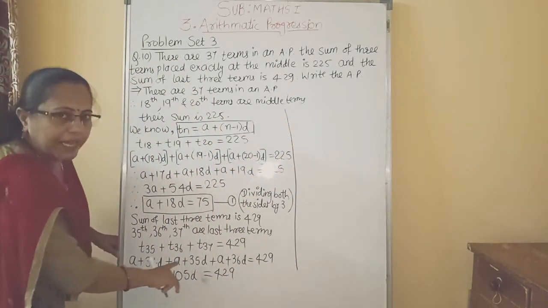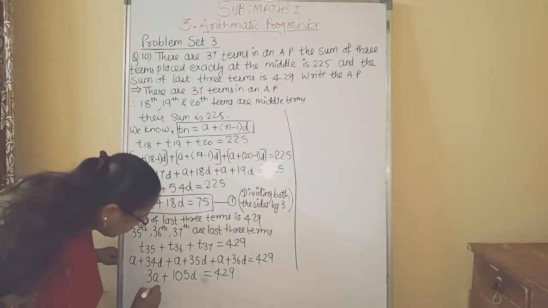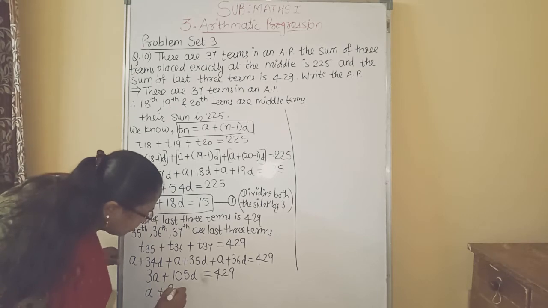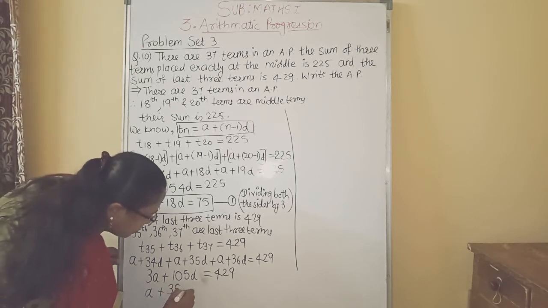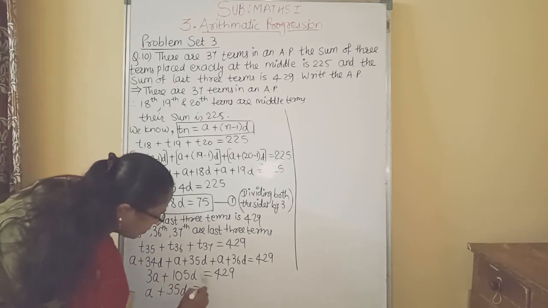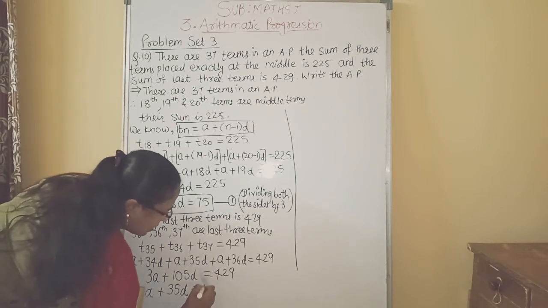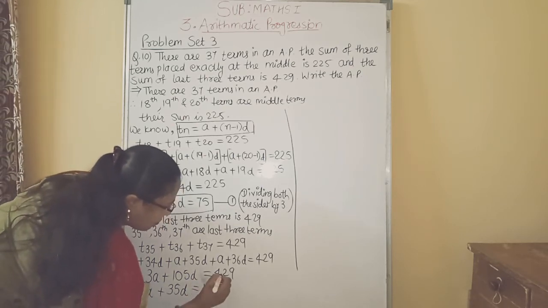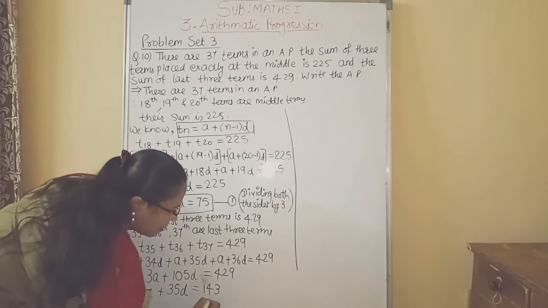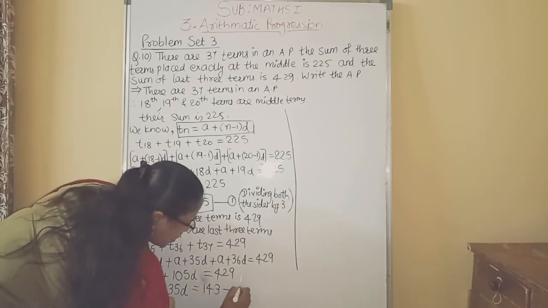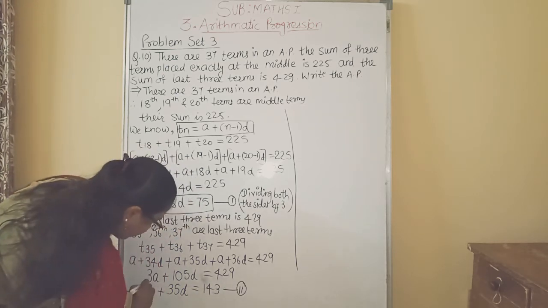If you divide it by 3, you will get A plus 35D is equal to 143. 3 threes are 9, 3 fives are 15, and 3 ones are 3, 3 fours are 12, 3 threes are 9. This is our equation number 2.